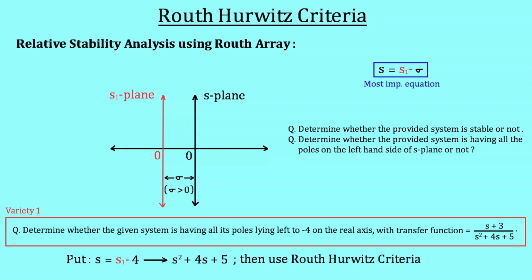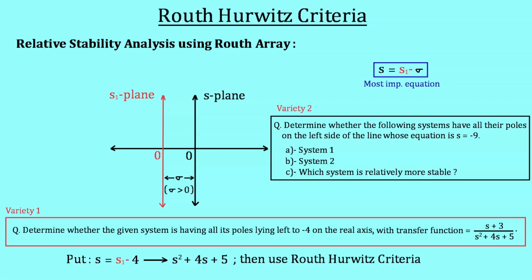In this case, first you have to shift the origin from 0 to -4, and after that only you can apply the Routh-Hurwitz criteria. In this case, first you have to put the value of sigma equal to 4, then take the characteristic equation, put the value of S equal to S1 minus 4, reform the characteristic equation, and then only form the Routh array to find whether the system is stable or not.